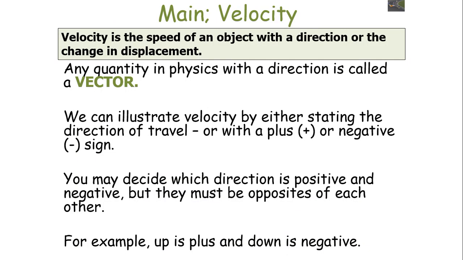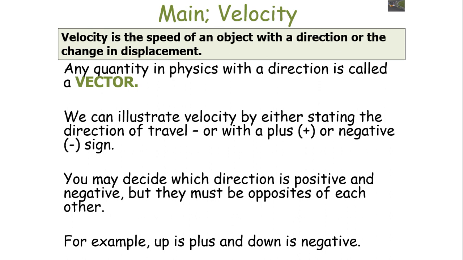So to clarify, velocity is the speed of an object with a direction, or we consider it the change in displacement. Now, because it has a direction, it must be a vector, and we illustrate the direction with either a plus or a minus. Now, you can actually decide which direction is positive and negative, but they've got to be opposites of each other.